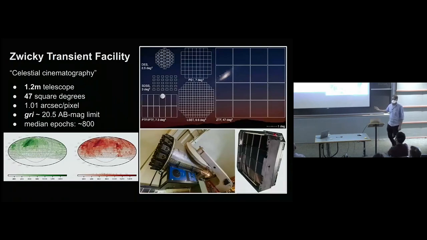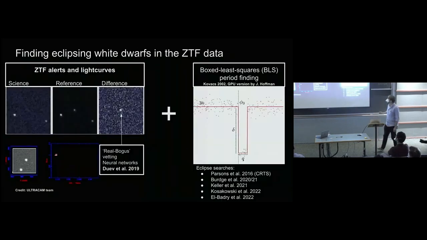ZTF was already introduced, so I'm just going to put this slide up here. Basically, it's a camera looking at the sky. It has observed 2 billion objects with light curves, about 800 epochs by now. Lots of data, lots of light curves to look at. And as Keaton already introduced, ZTF has alerts where you can find basically disappearing stars, and that's what I've also been doing.